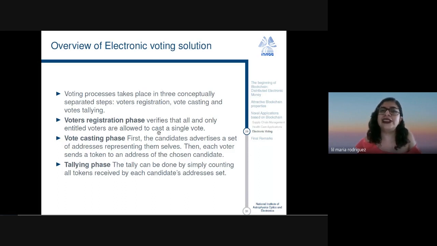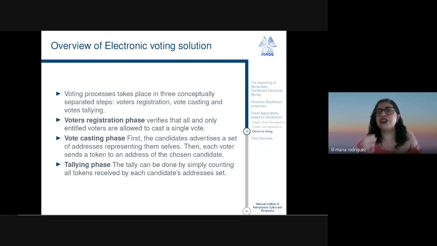So this is just an overview. Still, we need to think about many problems that can arise in e-voting systems.